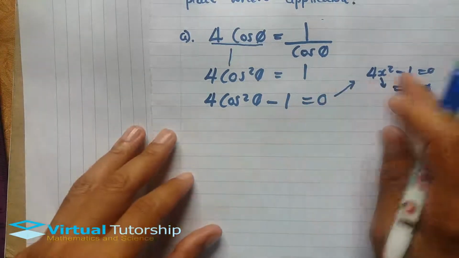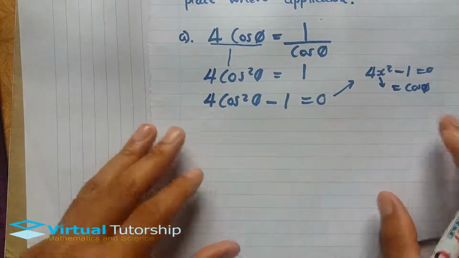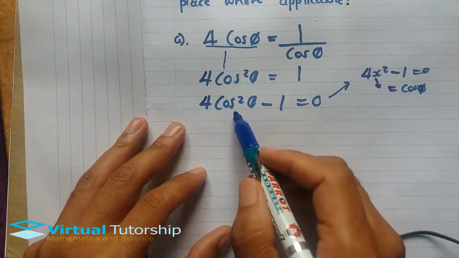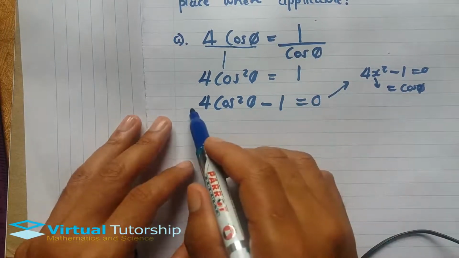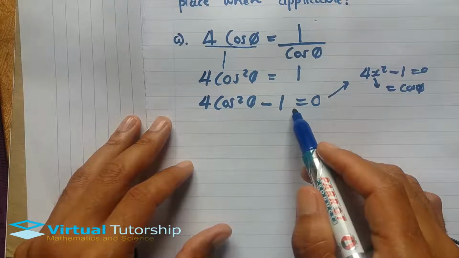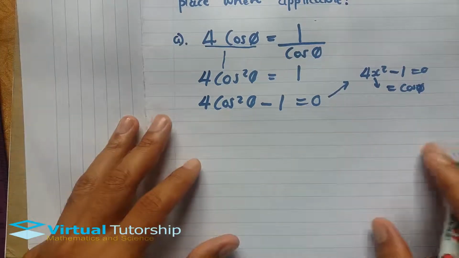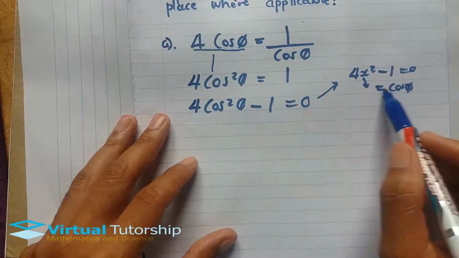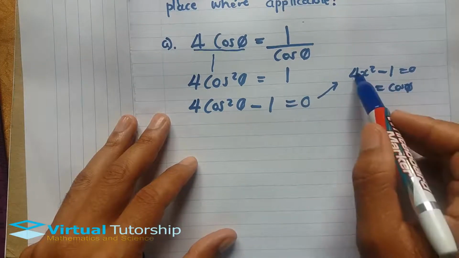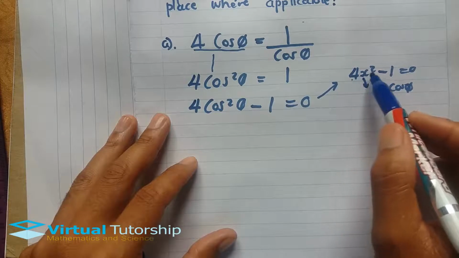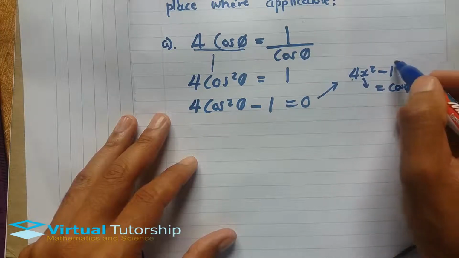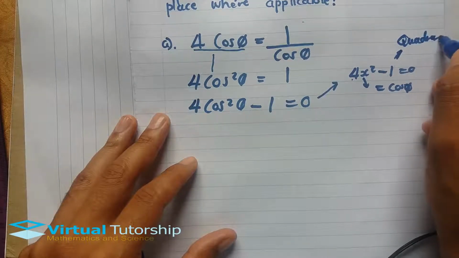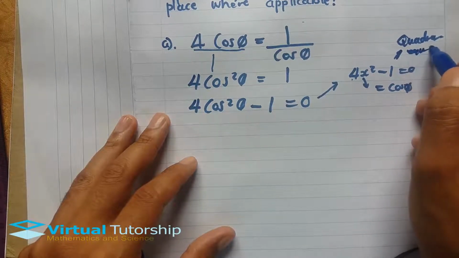I'm just writing it here to simplify, because sometimes when you look at cos squared, this quadratic equation becomes a bit confusing. So that's why I represent cos theta as x. So 4x squared minus 1 is a quadratic equation.